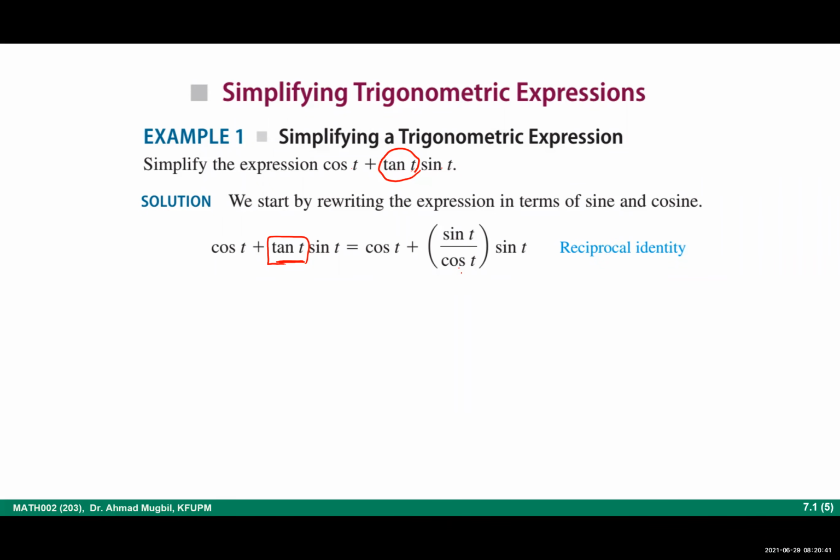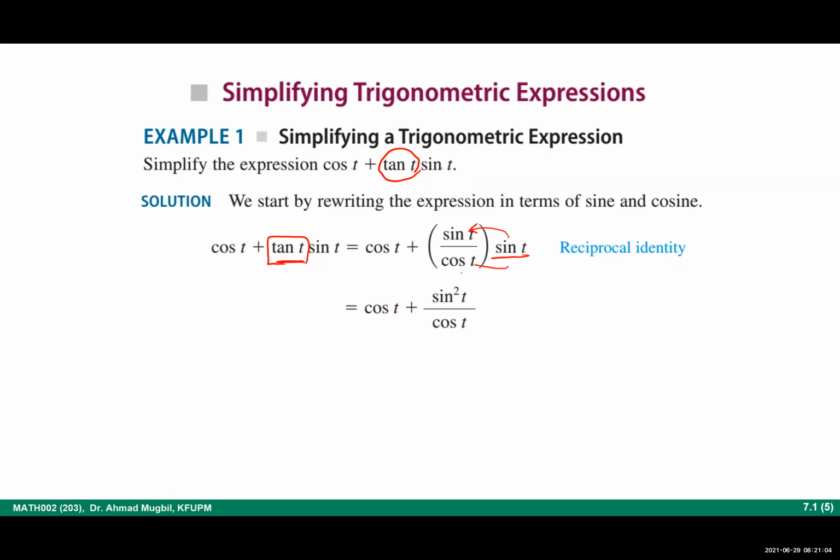Look what we have now. We will do just the algebraic tricks that we know from before. So we have here sine t over 1. Multiply now: sine times sine will be sine squared, 1 times cosine will be cosine. We multiply numerator by numerator, denominator by denominator.